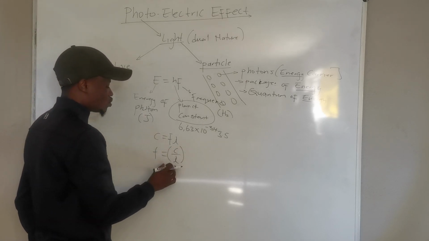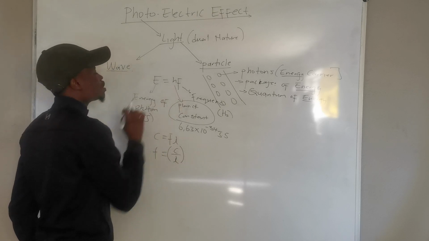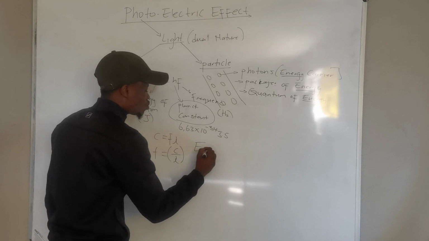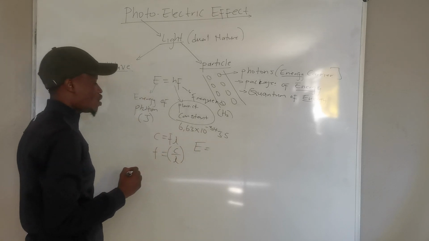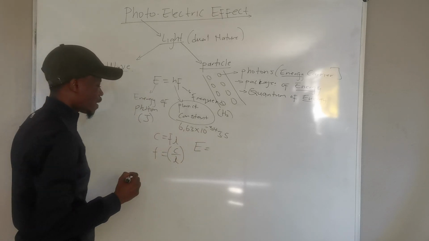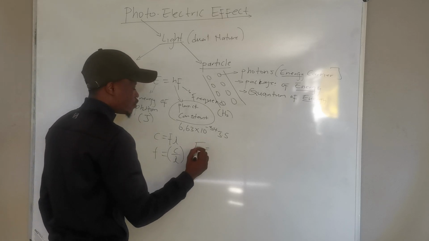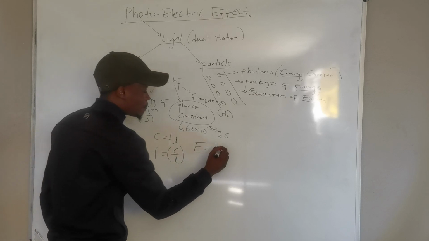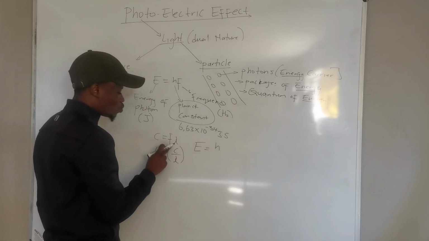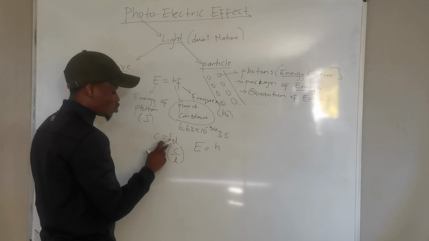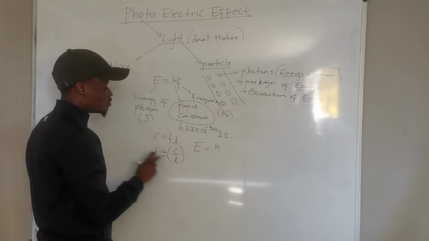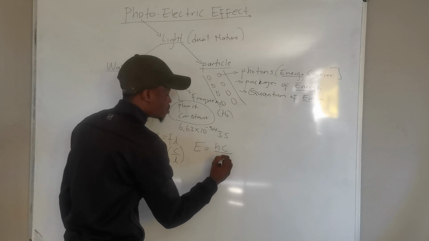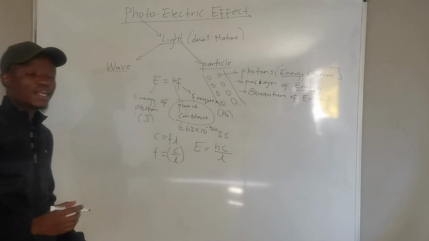So I'm going to take this and put it where there is frequency. We end up with the energy of a photon equal to the Planck constant, which is already there, multiplied by, instead of frequency, the speed of light divided by the wavelength.